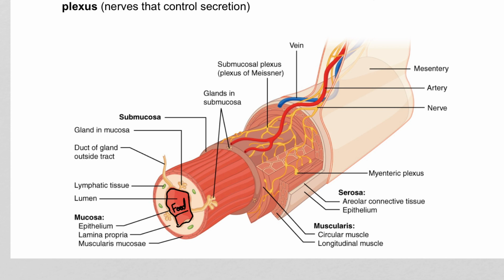Remember from A&P 1 earlier on, epithelium just means the layer of cells directly touching an open space or a lumen. And so the epithelial tissue right inside that GI tract, that's where we expect absorption to actually happen, especially if we're in the intestines. Also where secretion happens.